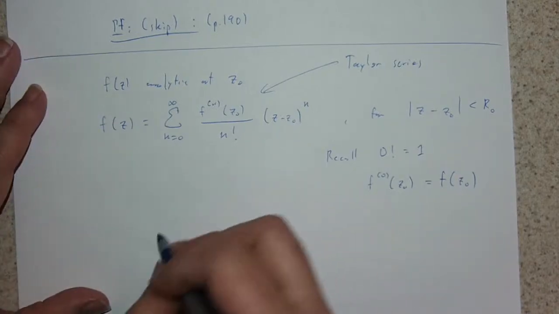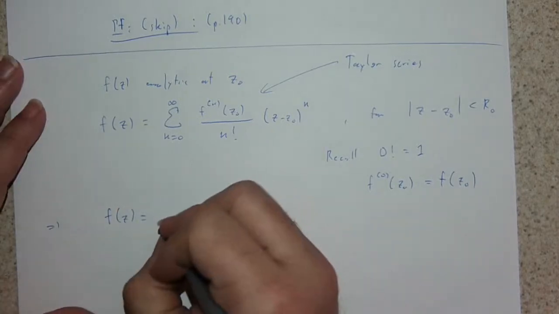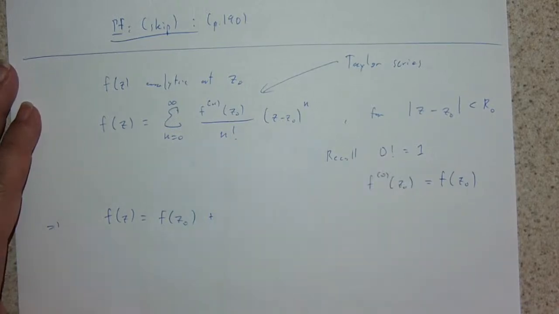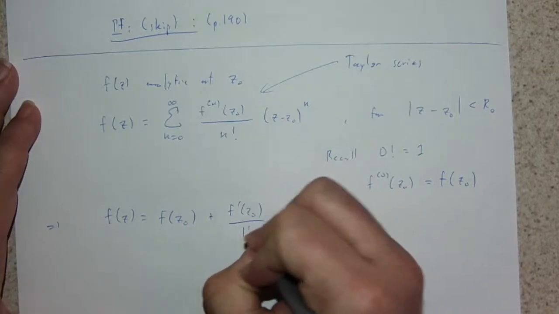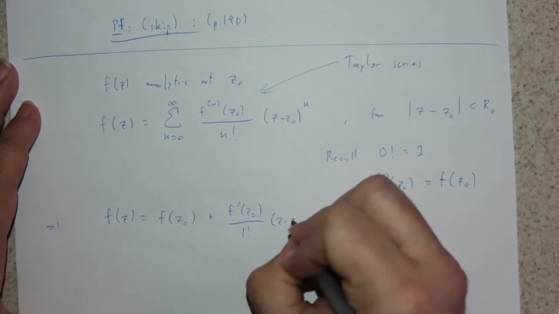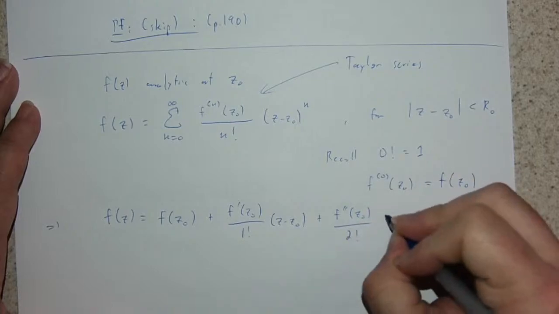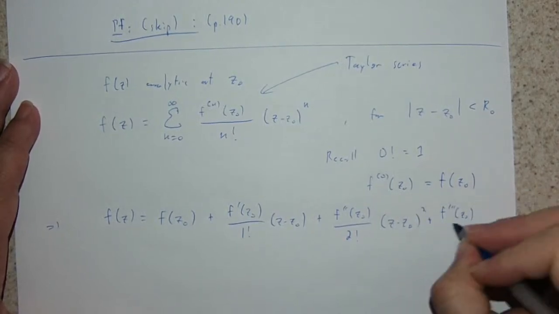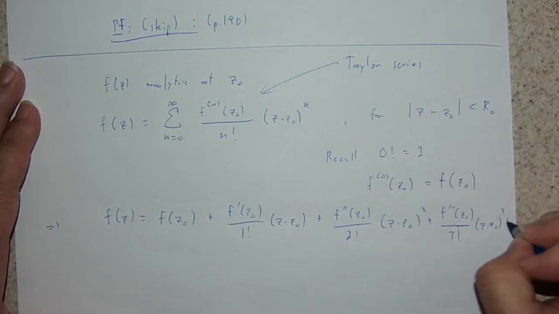Then, writing this out, this means that f of z can be written as f of z0, that's the 0th term, plus f prime of z0 over 1 factorial times z minus z0, plus f double prime of z0 over 2 factorial times z minus z0 squared, plus f triple prime at z0 over 3 factorial times z minus z0 cubed, and so on, right?